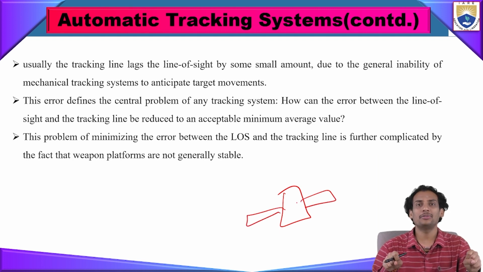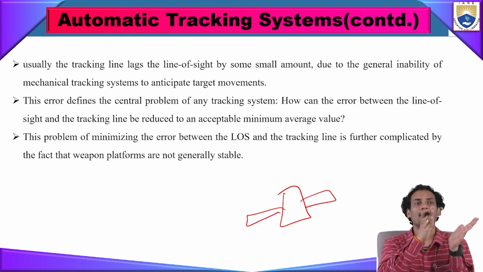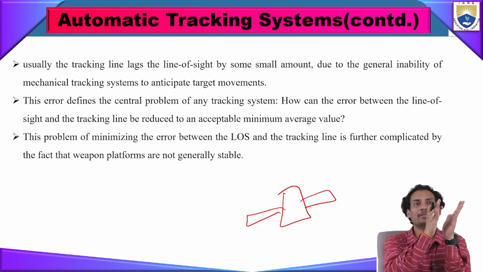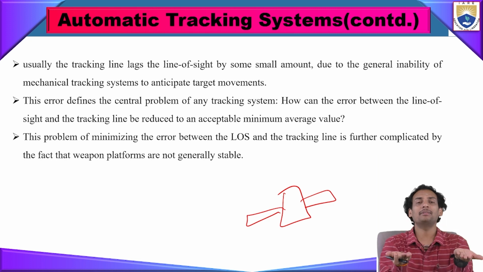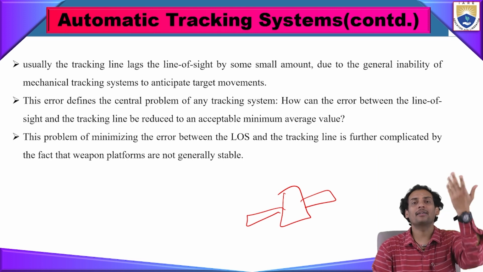If it is a surface to air module with an air target, then it should be moved by mechanical means, maybe with hands or automatic motors, maybe like a gimbal system. It will aim at the target by moving like this, but that movement is by mechanical means only, and in terms of that mechanical movement, error may come, so that it may miss the tracking of that target.